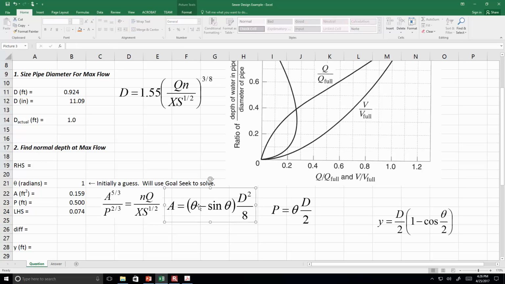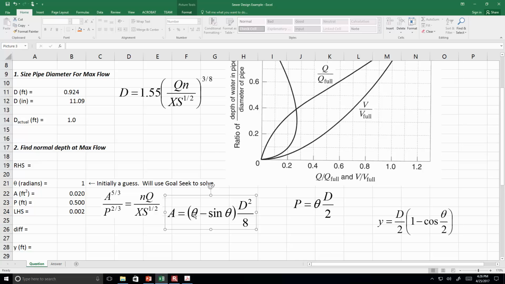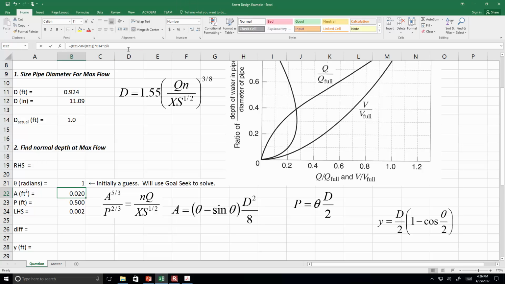Oh yeah, you're right. Thanks for noticing that. Yep, you're absolutely right. So multiplied by diameter squared divided by 8. Okay. So as I typed it earlier, I had the theta minus the sine theta, but not the diameter squared divided by 8.